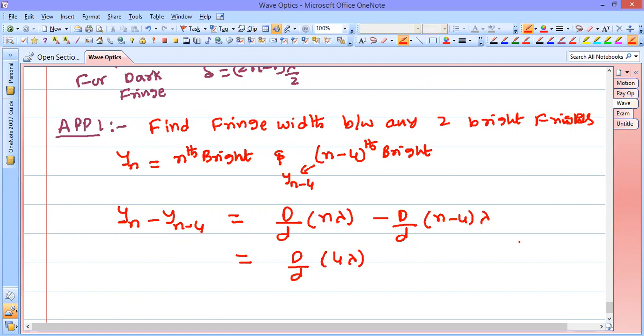So whenever they ask to find the distance between two fringes, suppose let us consider an example of the 10th bright fringe and the 6th bright fringe, that is n equal to 10.